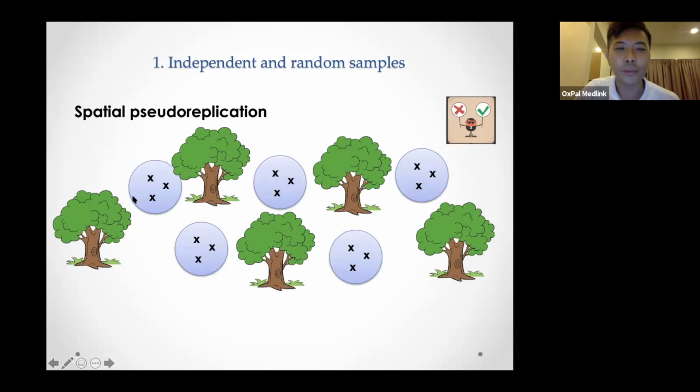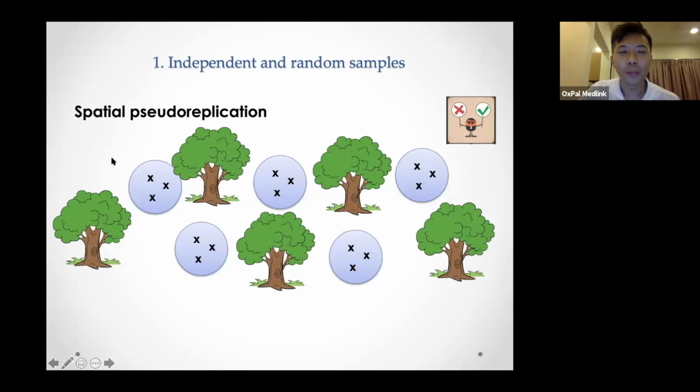Let's hear from you. So we go to 5 different areas. In each area, we sample 3 times, and we consider each data point an independent and random sample. Is this true or false? Are those samples independent and random?